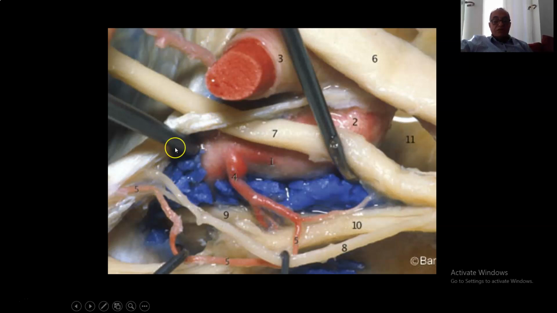One of its branches is the inferior hypophyseal artery, which supplies the pituitary gland. So superior hypophyseal artery from the carotid and the inferior hypophyseal artery from the meningohypophyseal trunk of the intracavernous carotid.